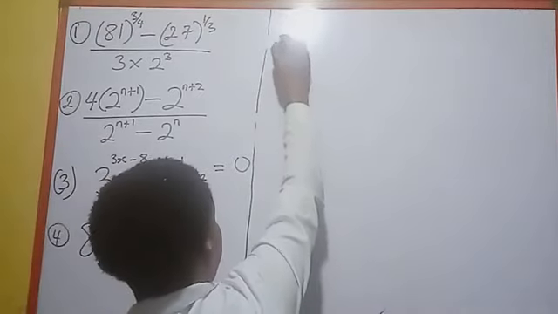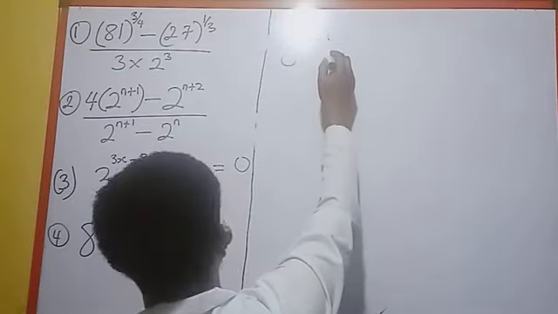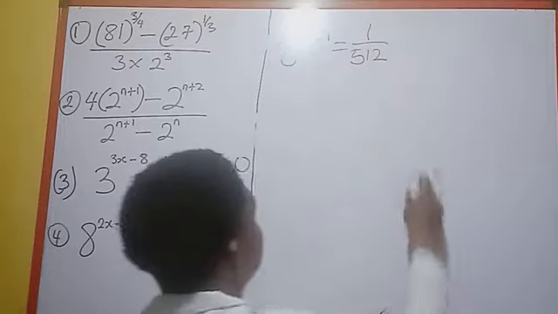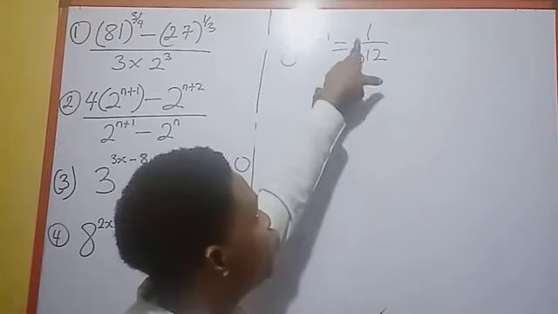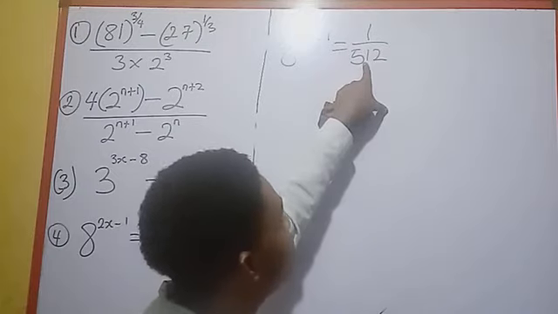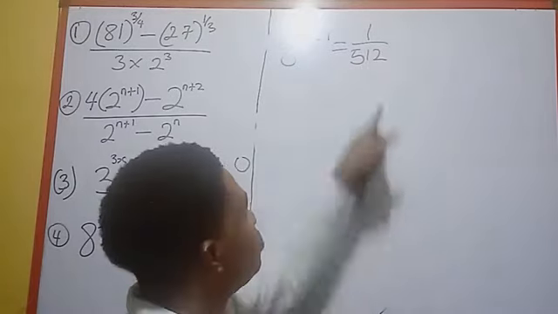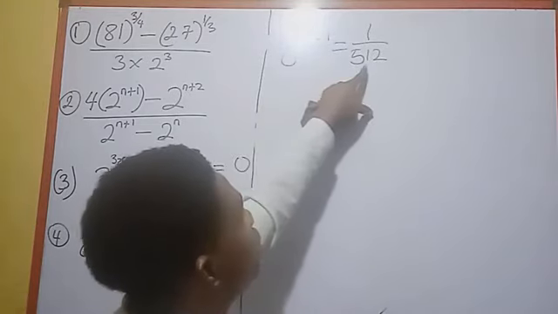You have 8 raised to the power 2x minus 1 is equal to 1 over 512. Now, I want to remove this. Like I told you, I want to remove this 1 over. To remove it, first of all, you express this 512 in indices. Since you are seeing 8 here, you can express it that way.